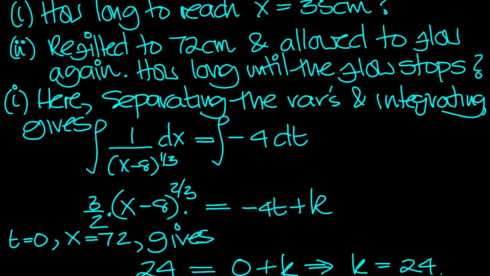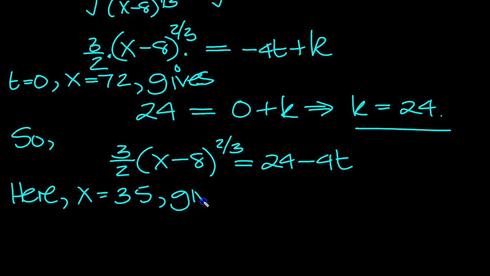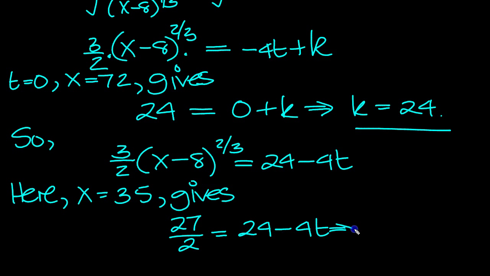So let's put in 35 for part 1 now. x equals 35 gives 35 minus 8 is 27. 27 cube rooted is 3, and 3 squared is 9. 9 times 3 is 27, so it's 27 over 2 is equal to 24 minus 4t. Move the 4t over here, plus 4t.